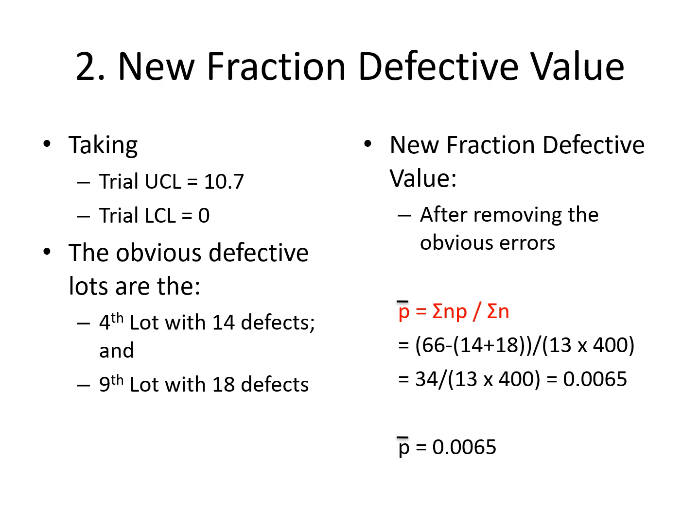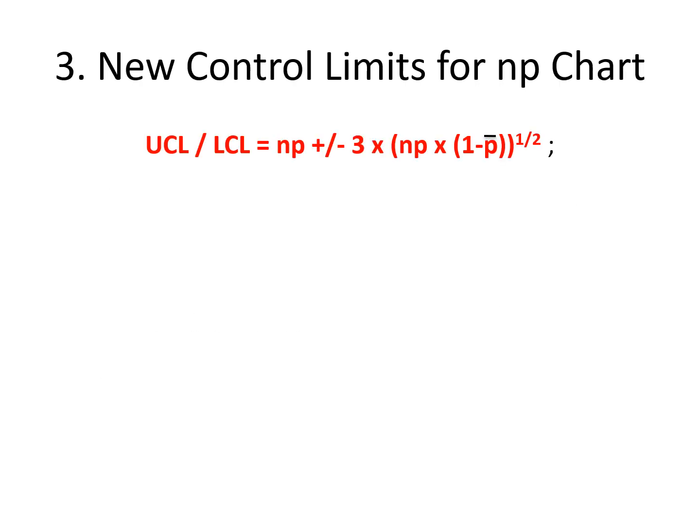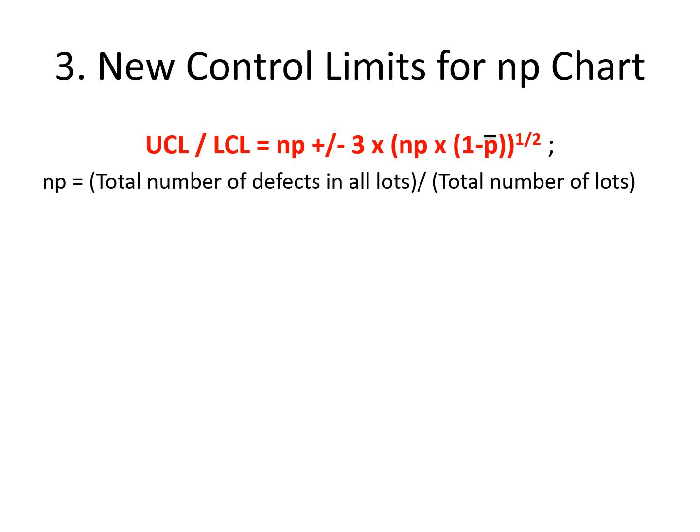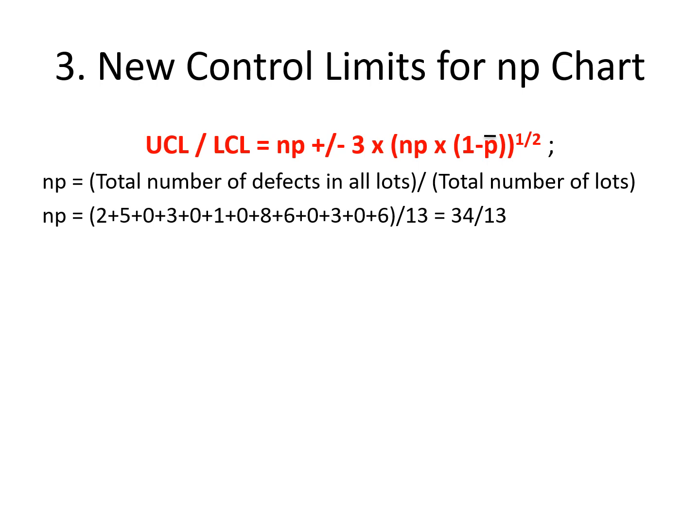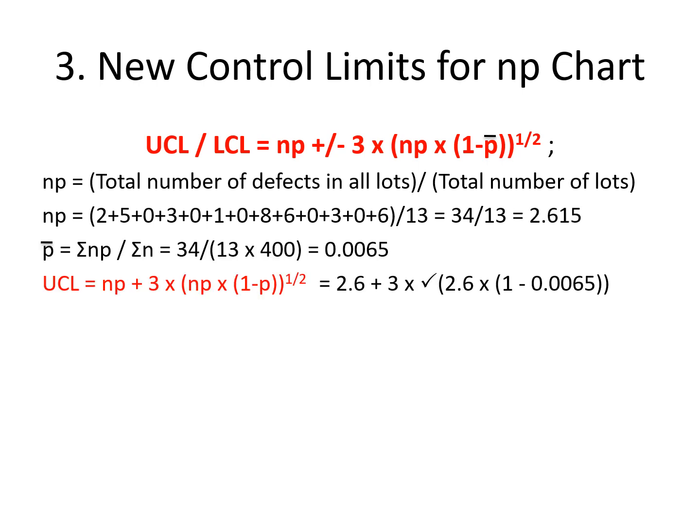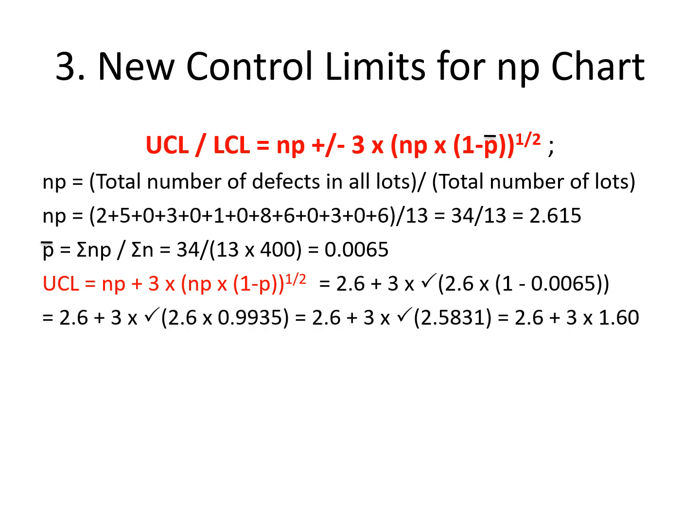Now putting this P bar, we again calculate the upper and lower control limits based on the formula we discussed in the beginning. We got P bar as 0.065, and the upper control limit accordingly becomes 2.6 plus 3 times the square root of 2.6 into 1 minus 0.065, which is 2.6 plus 3 times the square root of 2.6 into 0.9935, or almost 2.6.